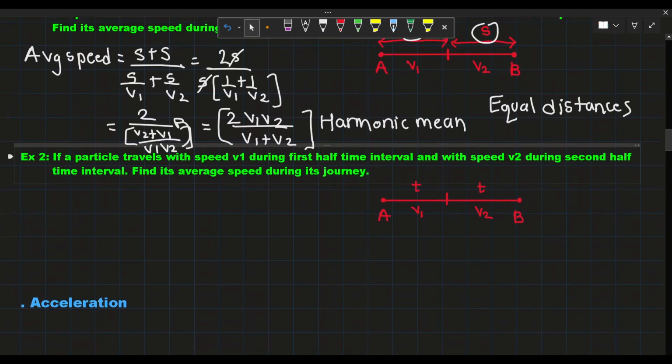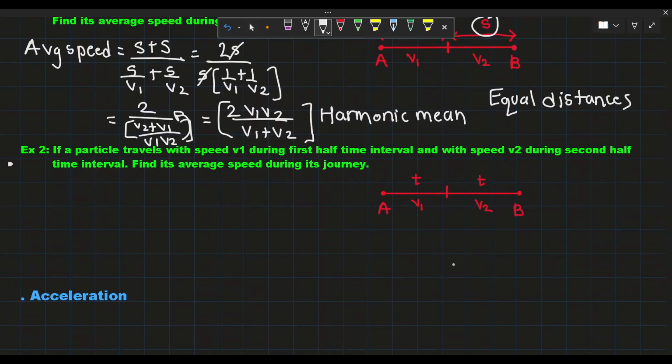The second case is that a particle travels with speed v1 during the first half time interval and with speed v2 during the second half time interval. So when equal times are mentioned, what will you do? Average speed is basically total distance upon total time taken. So total distance would be v1t plus v2t, upon total time taken, which would be t plus t.